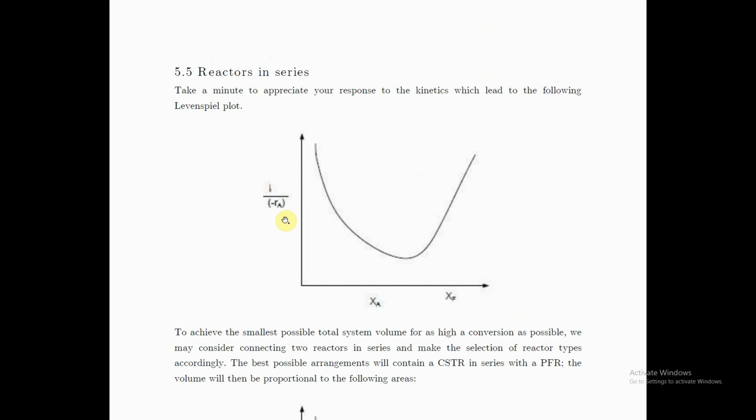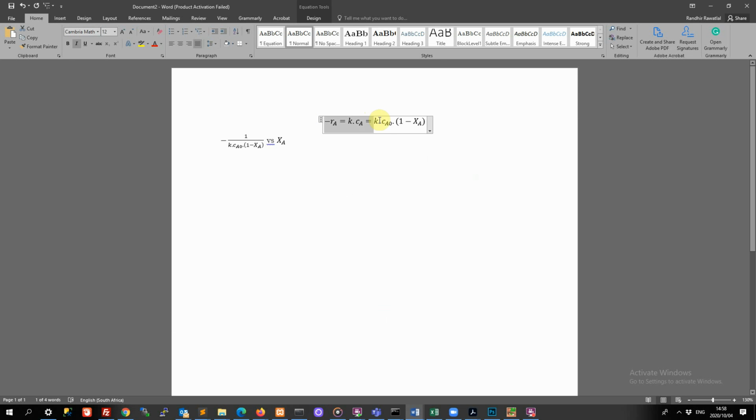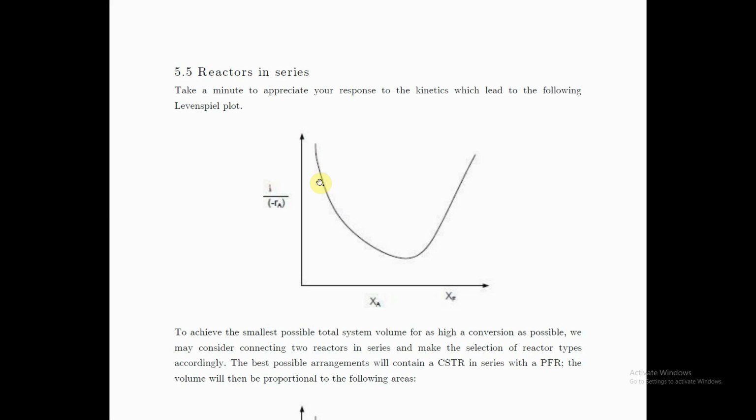What if our reaction kinetics were strange enough that when we went through this exercise, we specified our reaction kinetics, we substituted our rate expression, we did our mole balance, and we converted that concentration to a conversion, and then we plotted 1 over the reaction rate versus XA. So you've done all that work, and now you find this weird curve here.